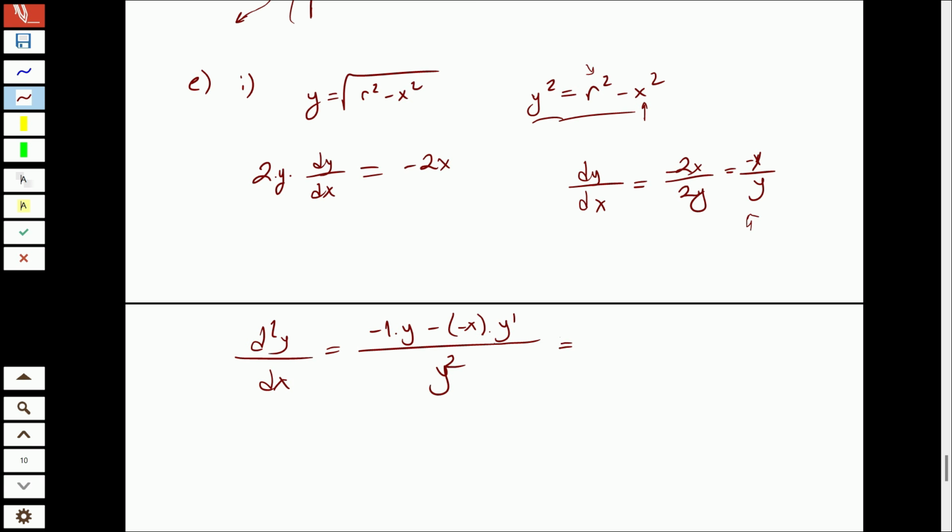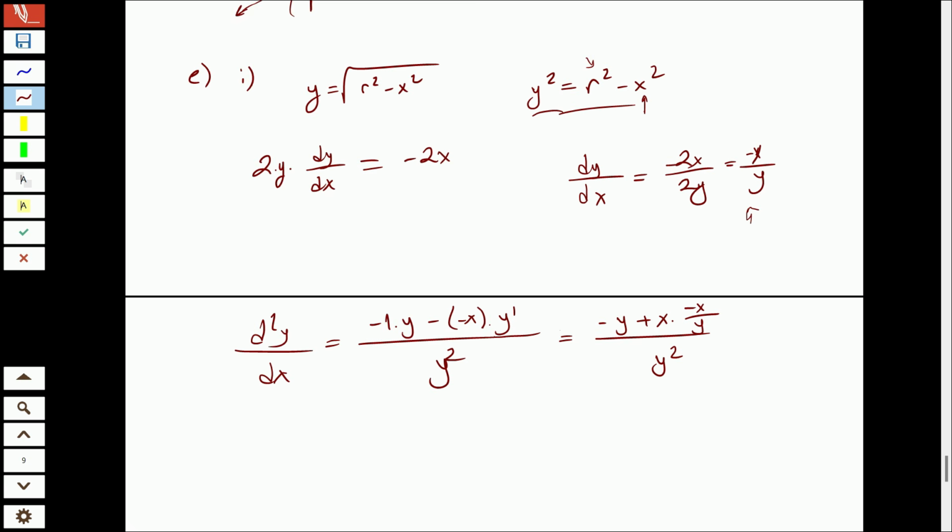If you simplify here, you will see that, let's write minus y plus x times y prime. By the way, y prime is, I know, minus x divided by y, and divided by y square.